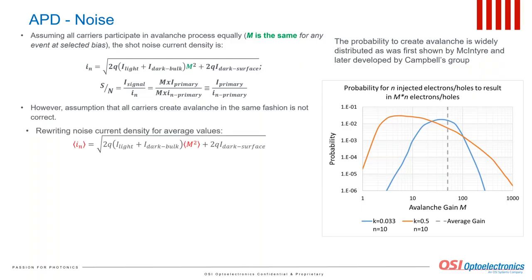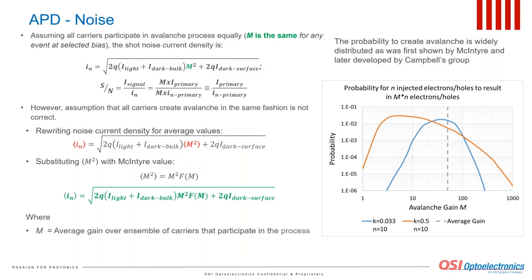Considering effects of gain non-uniformity, the equation for the noise current density must be rewritten for the average values. McIntyre introduced the factor F that describes an increase in the noise value due to the gain non-uniformity. Then substituting M² average with the theoretical values, we obtain the correct expression for the average noise current.